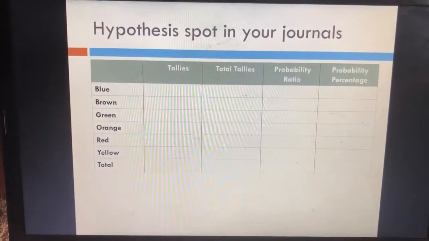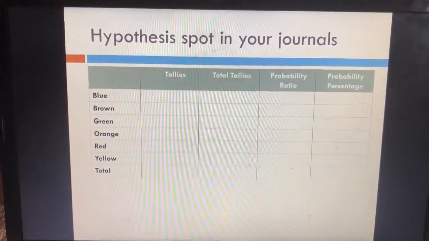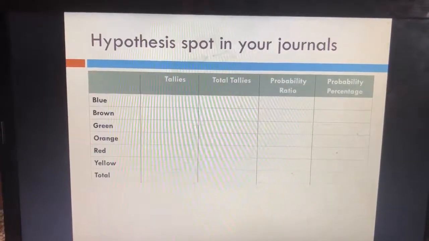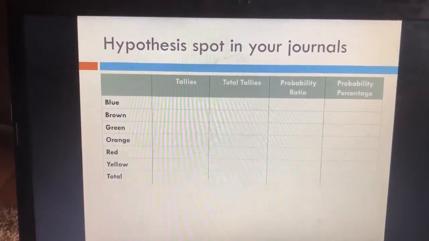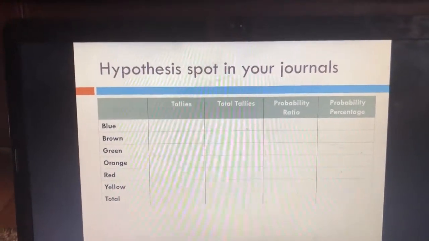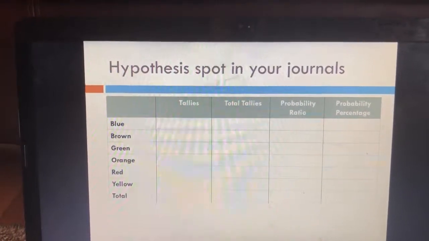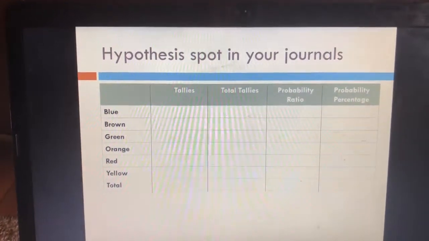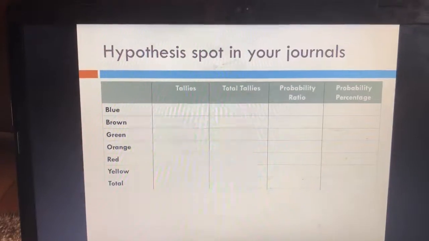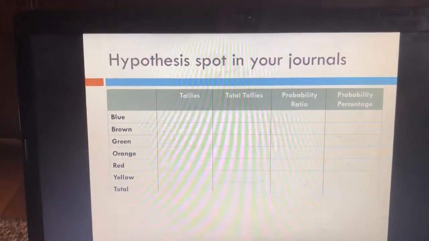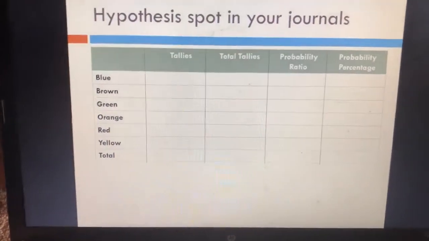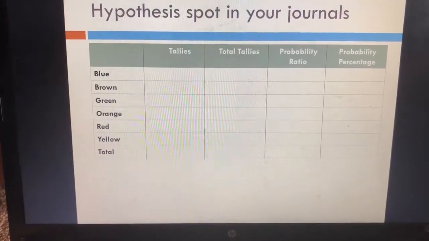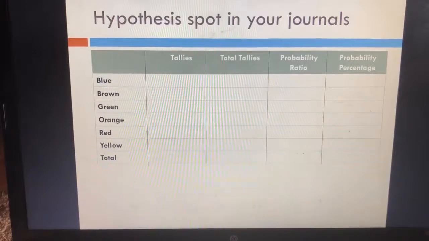Okay, in your journals, you already have this chart glued in your journal section for probability. And what I want you to do is make a prediction or a hypothesis on how many of each color M&Ms you think you will have in your bag once we open these. So you can see in the first column here that you can put the tallies for each color M&M.